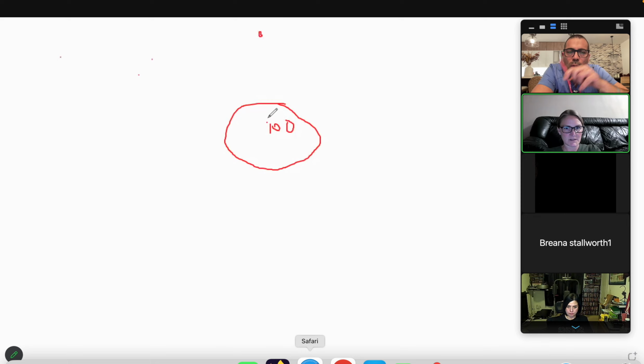So from here to here is 100, right? SSD, that's isocenter. What would my SSD be here? You just have to count the 100 minus the depth, which is 6. So that would be 94 to the skin. That makes sense? Makes sense.